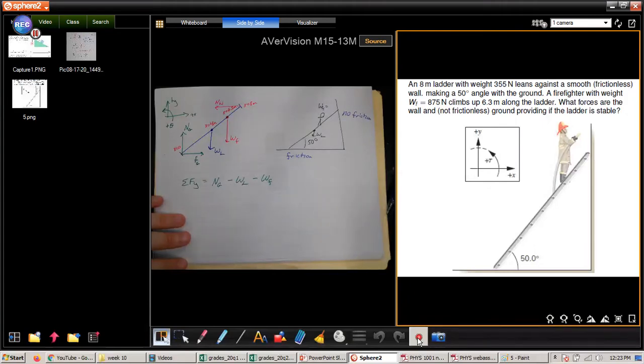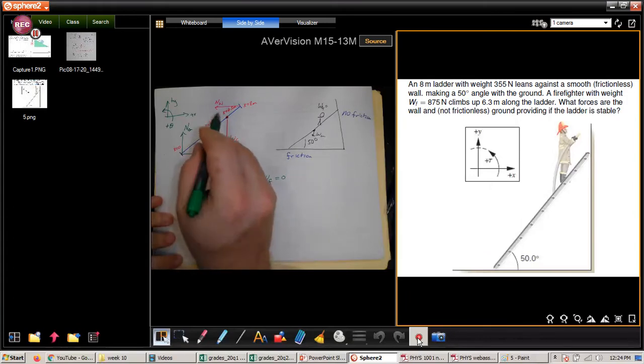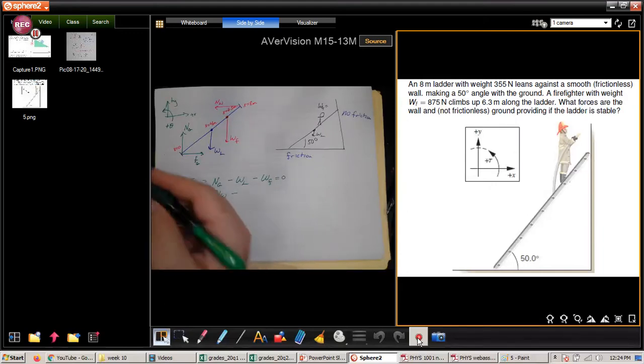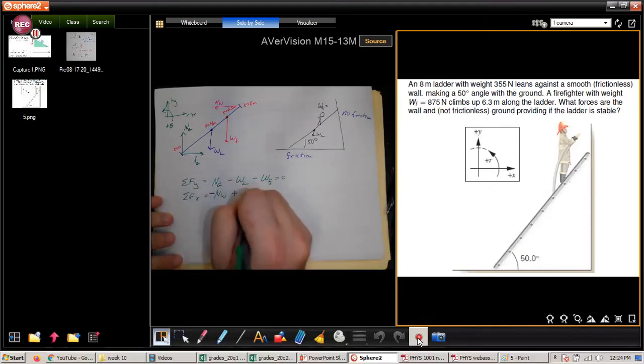So that's the sum of our forces, and that should be 0 in the y direction. Now in the x direction, the sum of the forces: there's the normal force that the wall puts in, and it's actually in the negative direction, and there's a frictional force the ground puts in, and that sum is 0.